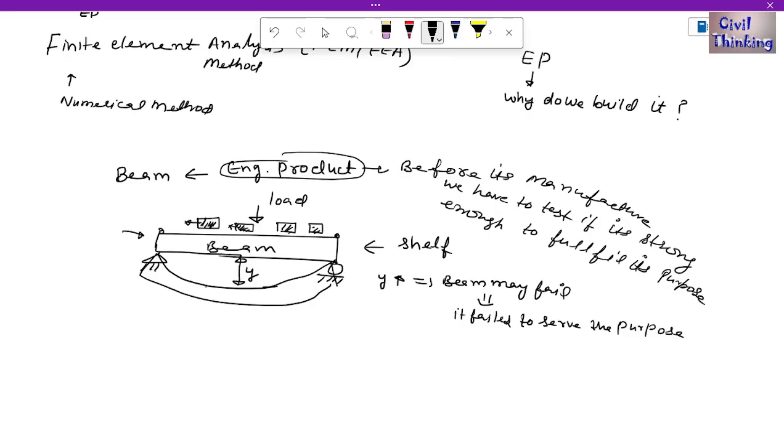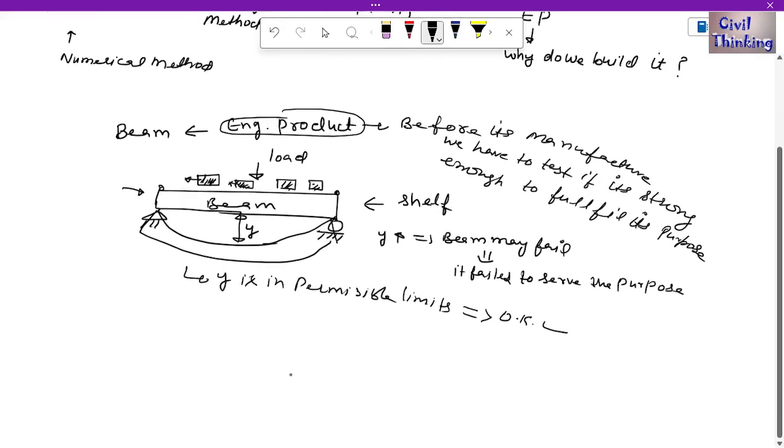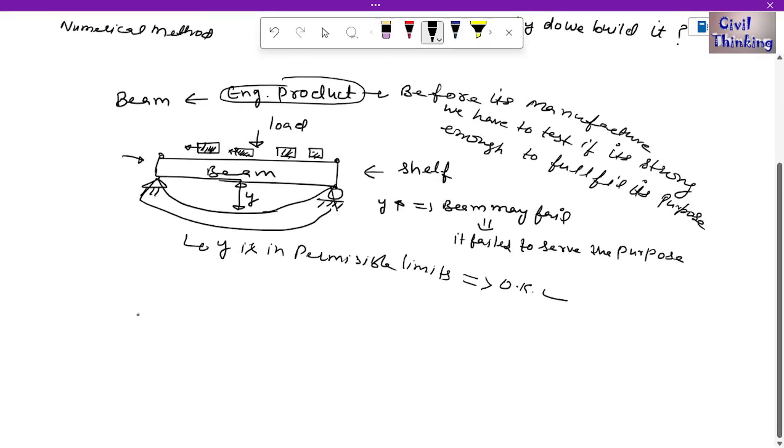So for example in this beam, if this y is in permissible limits, what does that mean? It means this product is okay. So we have to analyze this beam for its strength. Now let us talk about this beam.